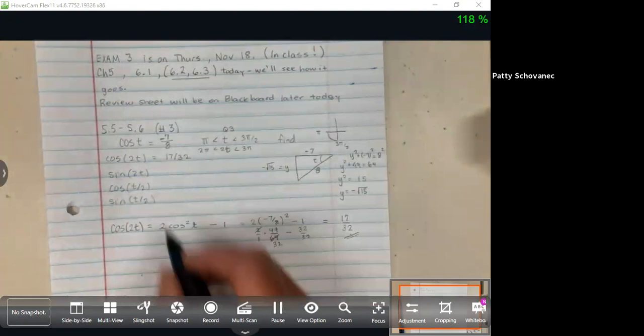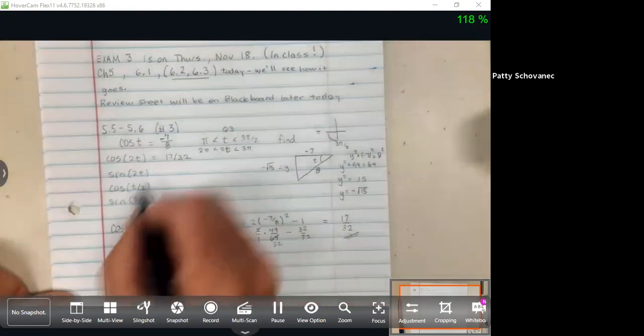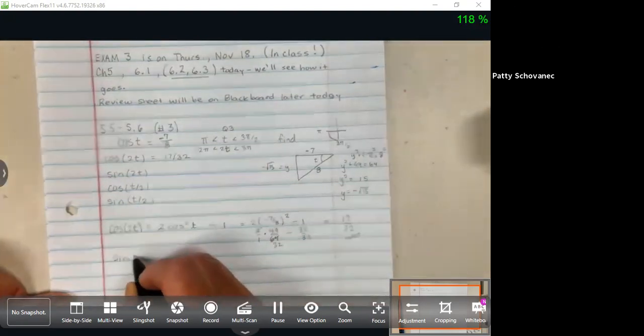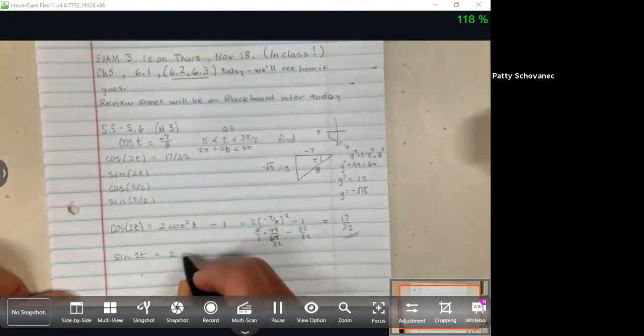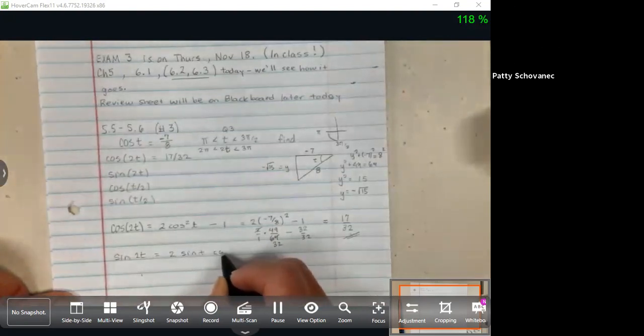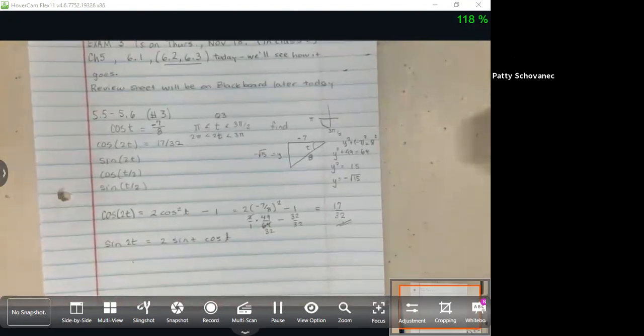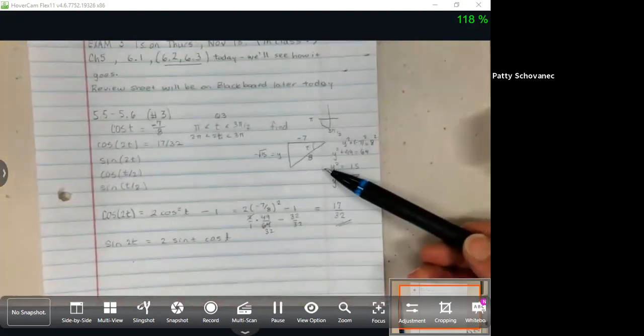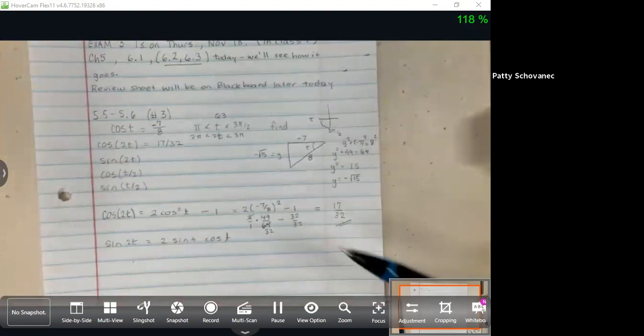The identity for the sine of 2t is 2 sine t cosine t. We can get the sine of t by looking at the opposite over the hypotenuse. So where I have the sine of t, I'm going to fill in negative square root of 15/8.